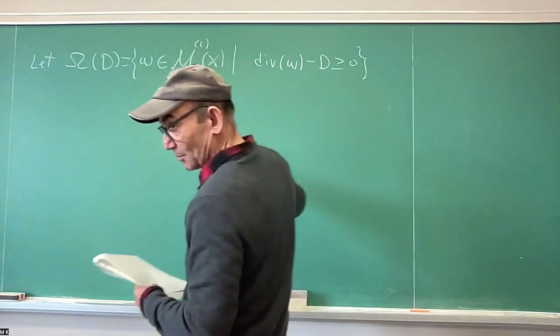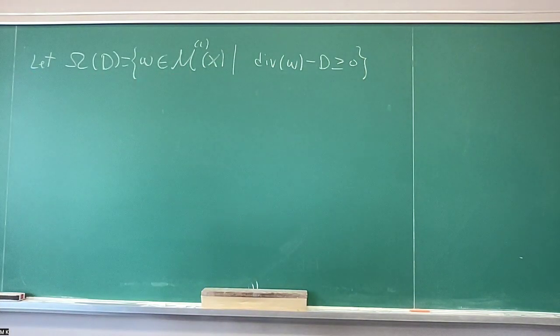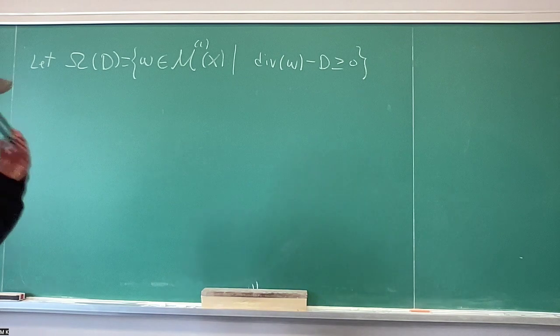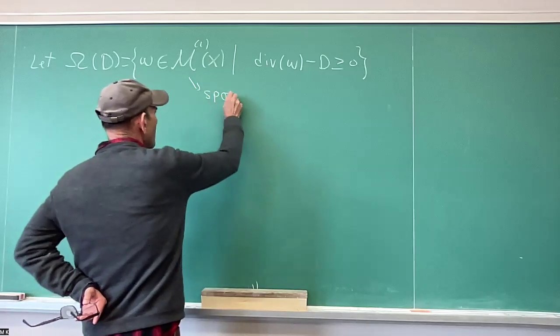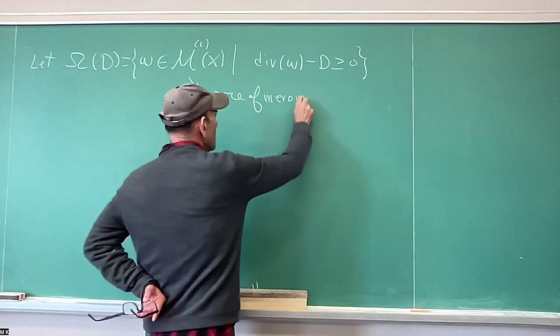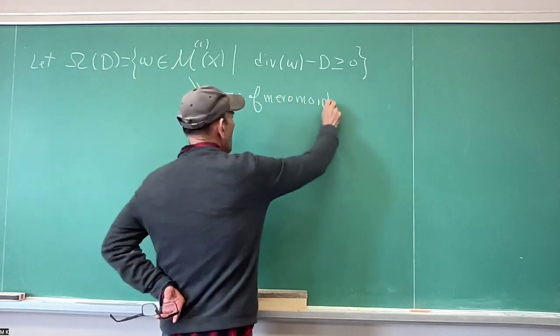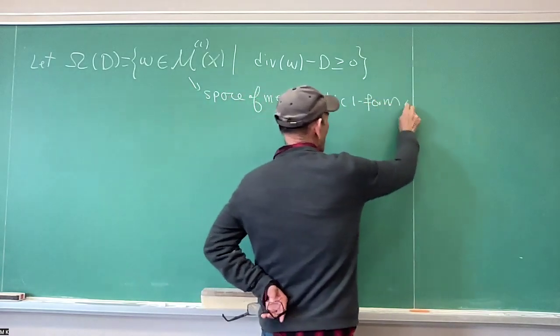It's a kind of duality between functions and forms that's responsible for this, but for now, let me just define it like that. So this is the space of meromorphic one forms on X.